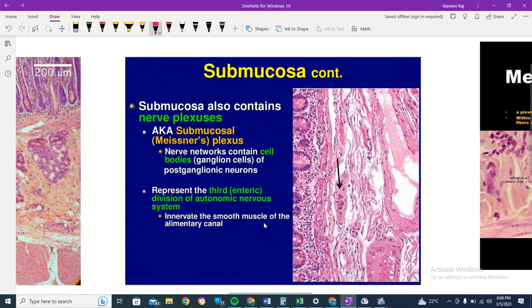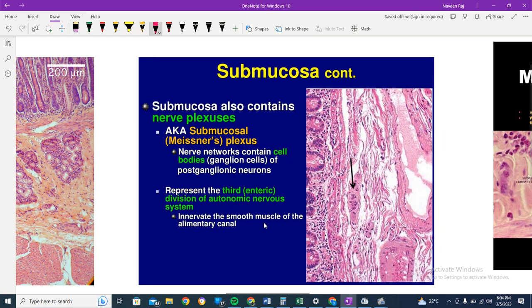Let's move forward, and here we have got submucosa, which is our today's main topic. So submucosa also contains nerve plexus. Now this nerve plexus is the submucosal plexus, or the Meissner plexus, like, we have got three different names.